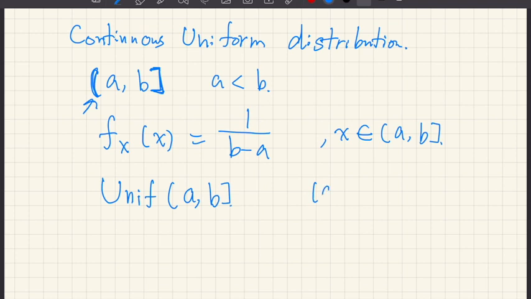But of course, you can define the uniform distribution excluding both A and B, or including both A and B, or any combination, like including A but excluding B, and so on. But in any case, A and B should be some finite values. Otherwise, this density will be 0 or cannot be defined.